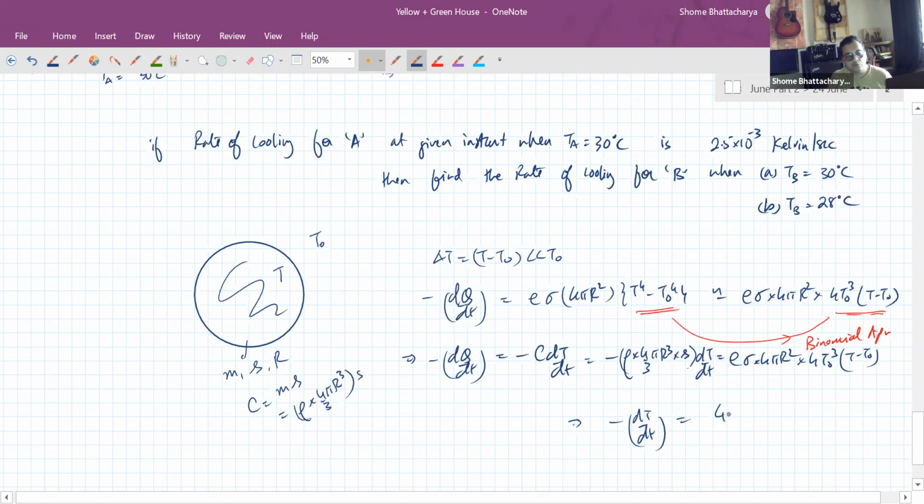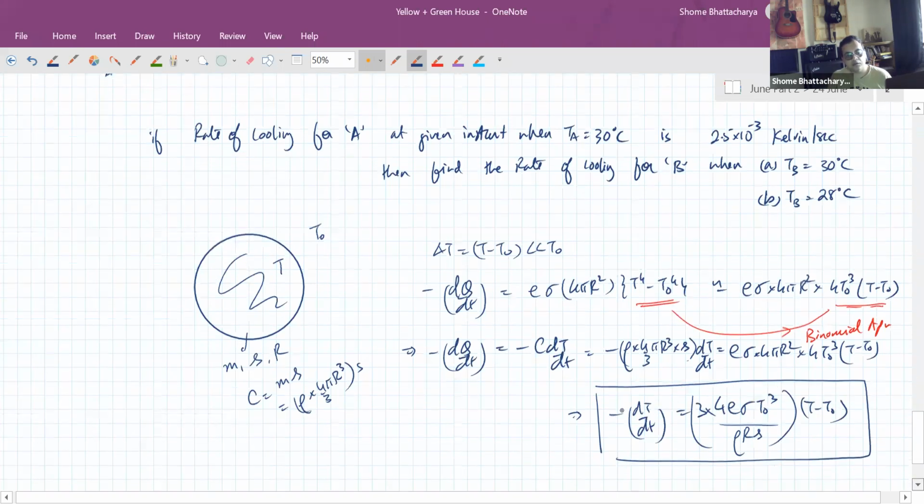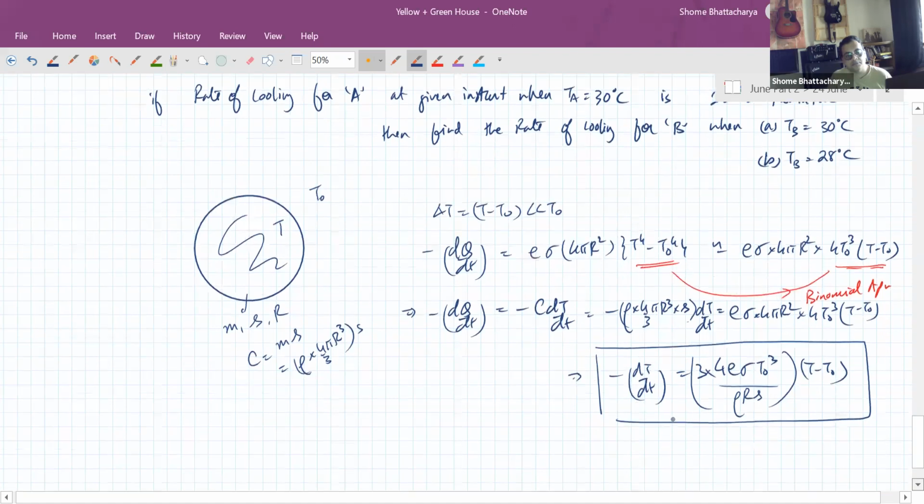So we have 4 E sigma into T naught cube, divided by density into r into s into a 3 also going on top. So this kind of term into T minus T naught. So you can see that the constant of proportionality for Newton's law of cooling being applied is basically this term.